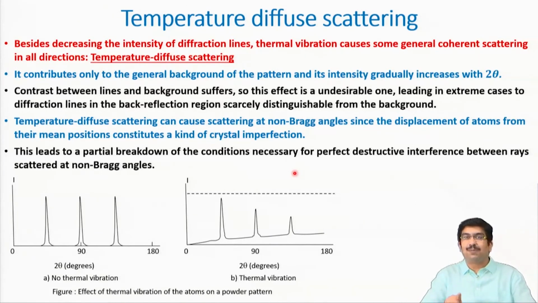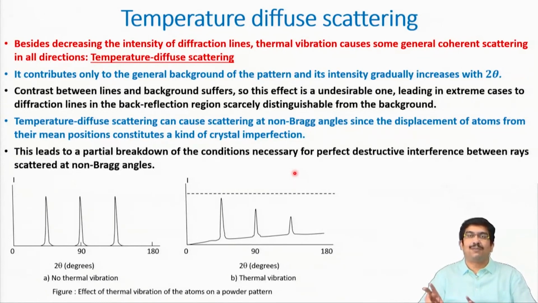But because of this temperature diffuse scattering, we get some limited intensity of the X-ray beam at those non-Bragg angle values. Not everything will undergo destructive interference. So, the temperature effect, number one, does not only affect the perfect constructive interference, but also affects the perfect destructive interference.